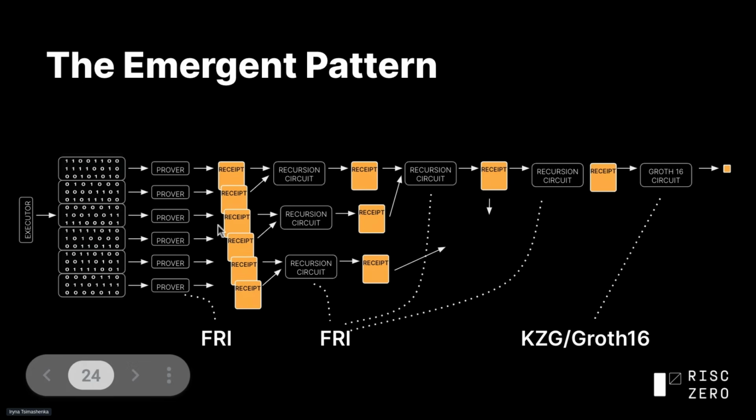So rather than generating a ZK Stark proof for 1 billion cycles of a large program, we get a proof for each of these segments, and then we input these proofs into a recursion. And in order to compress those proofs, we use the Groth16 circuit for a single receipt to generate a single snark.